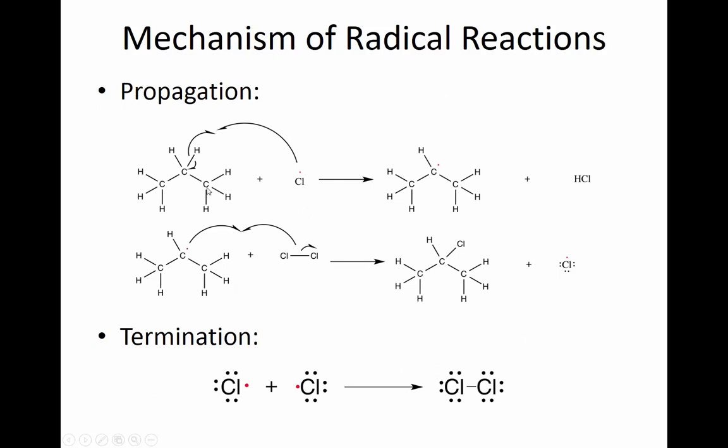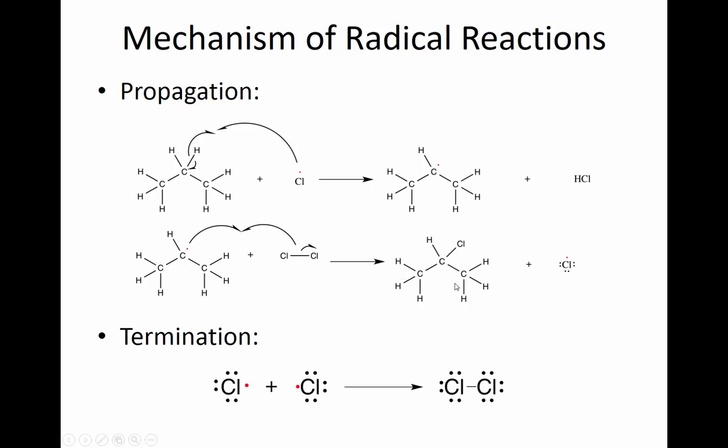You can see propagation where we get the propane radical, and this will create more chloride radicals until eventually we get the alkyl chloride plus another chloride radical. Termination would occur when chloride radicals start to react with each other, reforming that Cl2 and ending the reaction. But do we end up with more of this or more of the compound that has chlorine on the end?